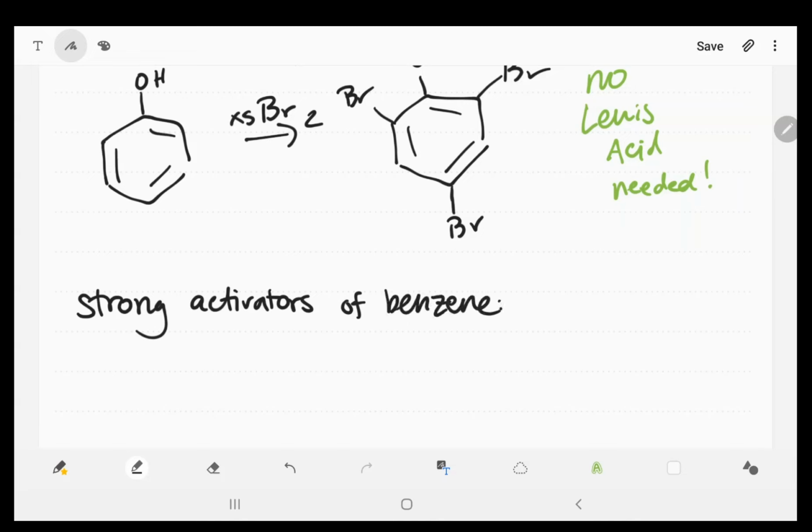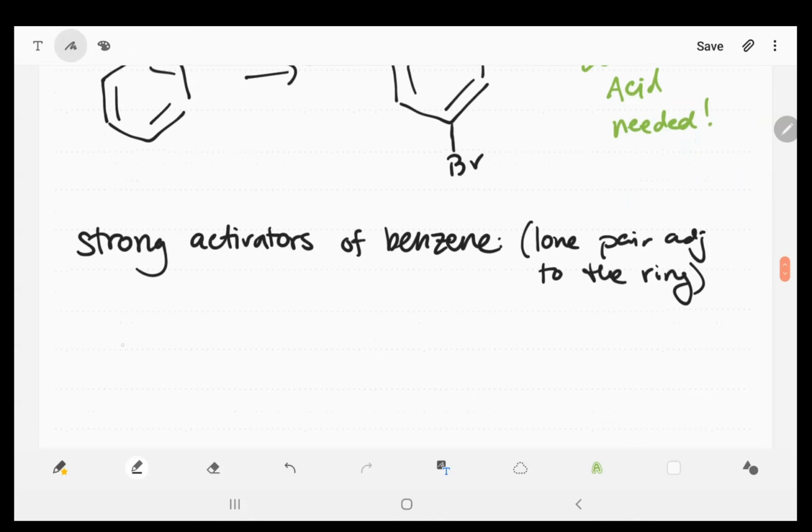So these substituents strongly activate benzene, meaning they make it more reactive towards electrophilic aromatic substitution. And these are going to be things with lone pairs that are adjacent to the ring.